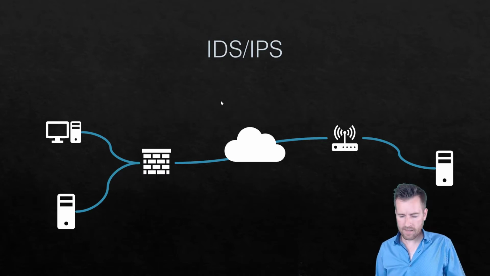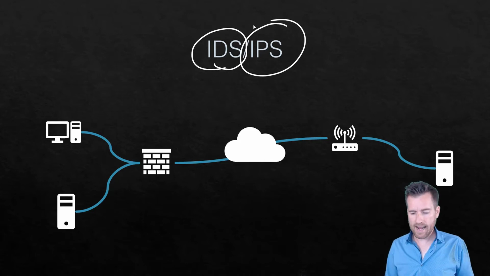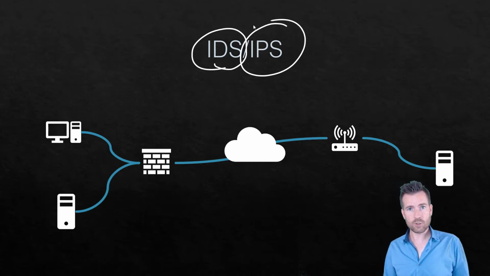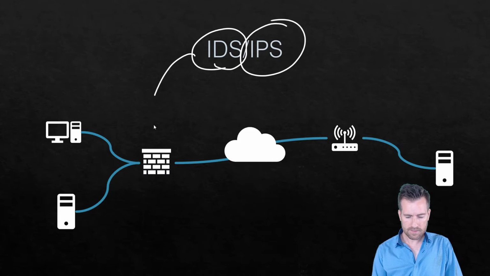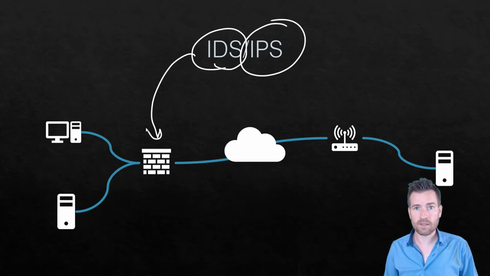All right, then we have the intrusion detection system and the intrusion protection system, an IDS and an IPS. They're two different things. Sometimes you'll find them sitting on a firewall, and sometimes it'll be a separate piece of equipment altogether.